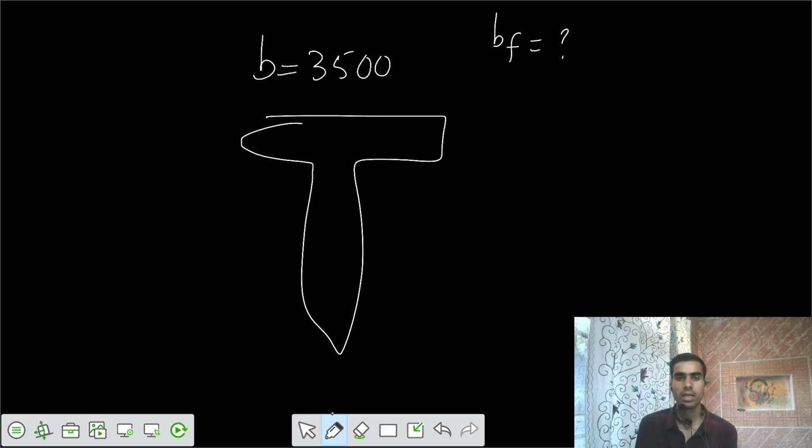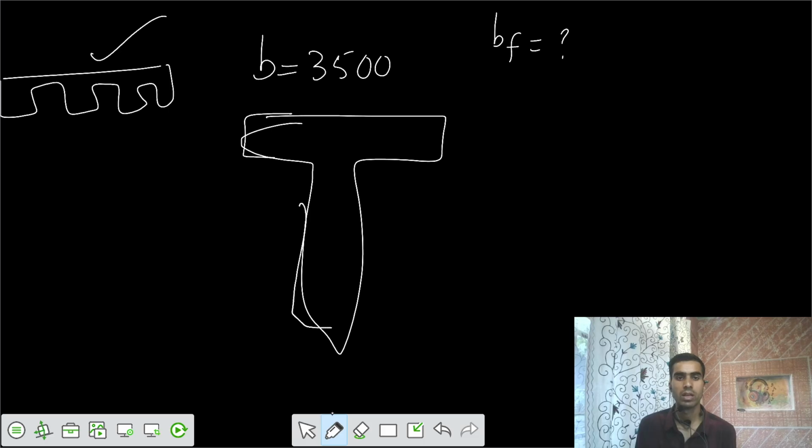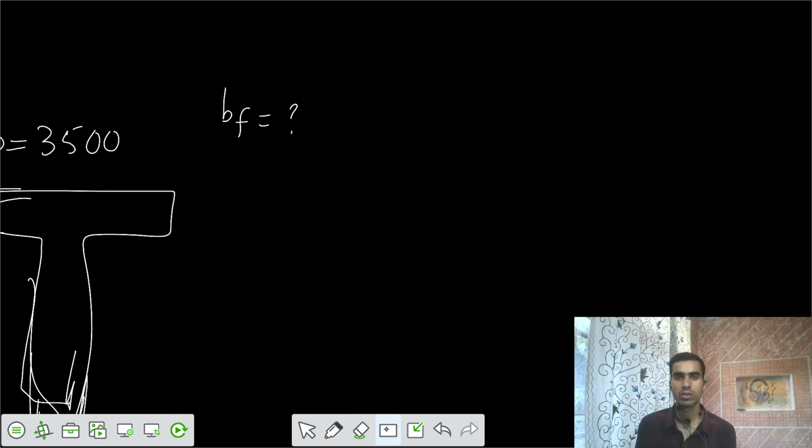Since your structure is continuous, which equation we had to use for the T-beam calculations? So BF is equal to, where is this equation? Yeah, BW plus 6 times DF plus L naught by 6.